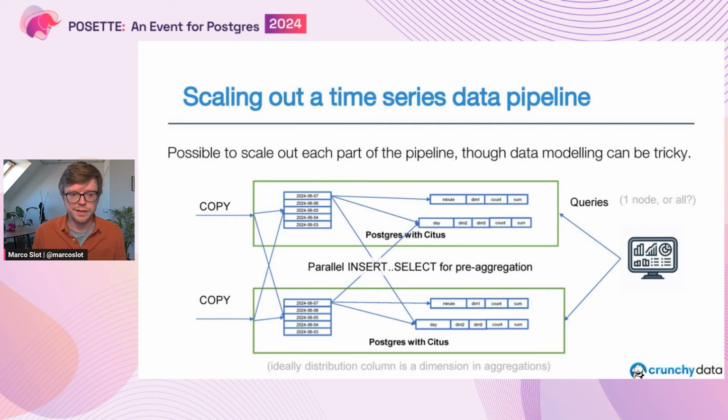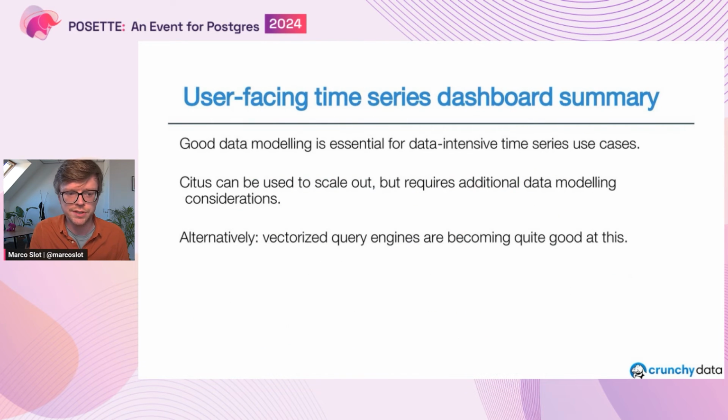But you also need to make very careful decisions around what are my distribution columns? How can I get queries to go to one node and not to all the nodes, because I cannot handle a lot of queries that go to all the nodes. So it's still a tricky problem, and good data modeling is essential.